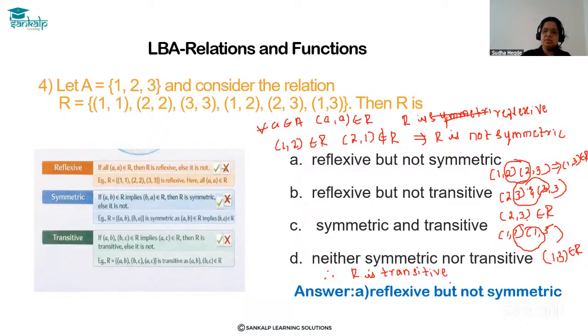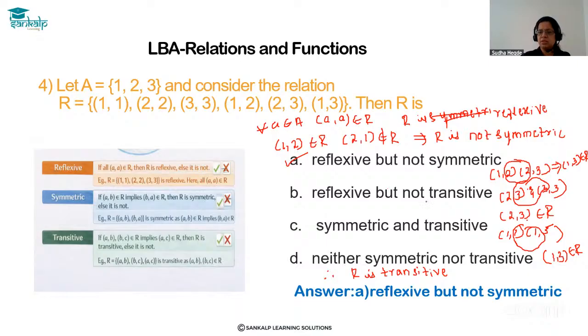Okay. So R is reflexive, R is not symmetric, and R is transitive. Now take the options. Option A, reflexive but not symmetric. It's true. Correct. Option B, reflexive but not transitive.